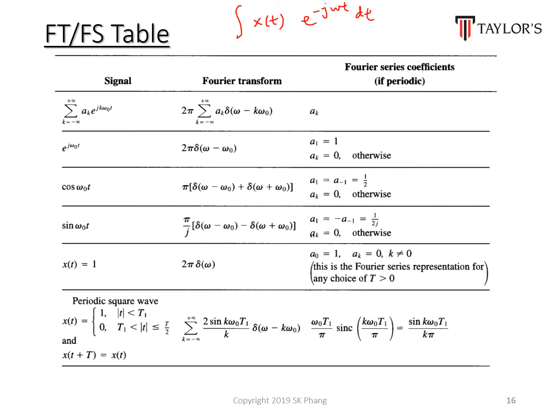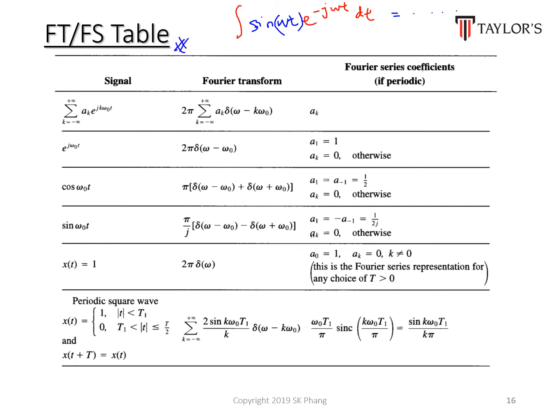But if your signal is, let's say, a very complicated signal, you have sine of omega t, then multiplied by e to the j omega t. This is very complicated when you want to do the integration, although the formula will be given to you. Alright, it's still complicated. So there's one way that people have found out.